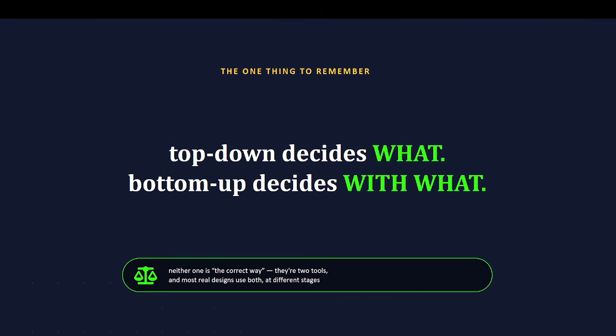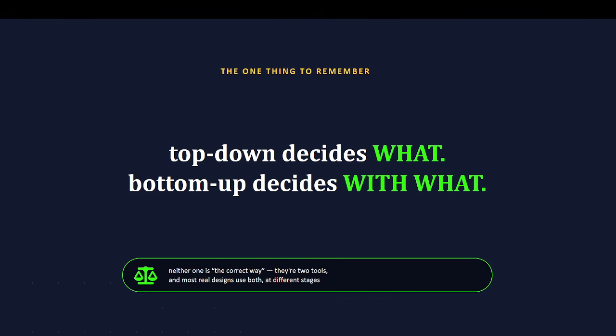Here is your one thing to remember. Top down is a philosophy that tells you what the system needs to accomplish, breaking that goal down piece by piece. Bottom up is a philosophy that tells you what you are actually going to build it out of: real, existing, trusted components.